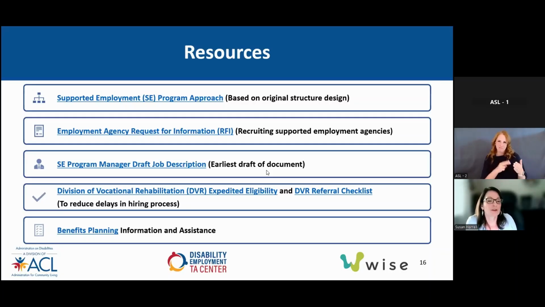The Division of Vocational Rehabilitation Expedited Eligibility and Referral Checklist. This was one of the things that was a systems change effort to assure that individuals who were offered jobs would easily be able to become eligible for VR services for that upfront training, because there was a concern that might be a bottleneck.